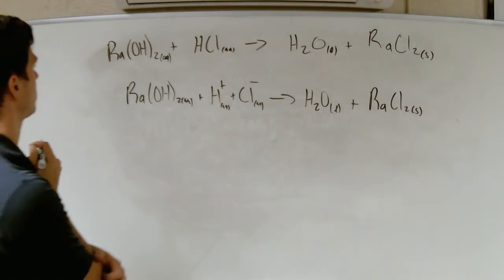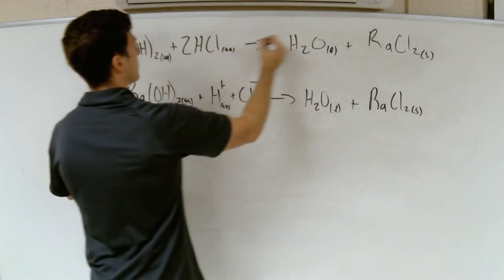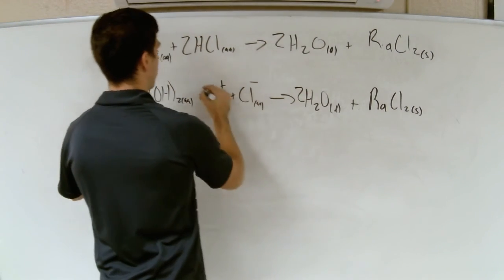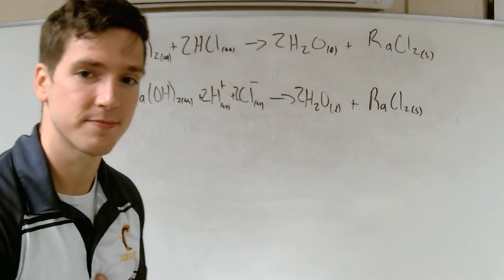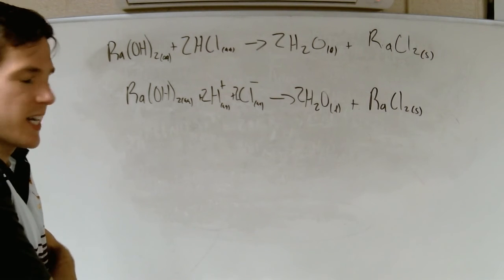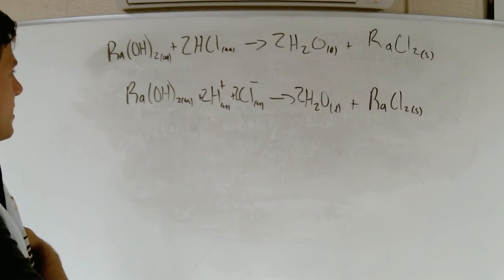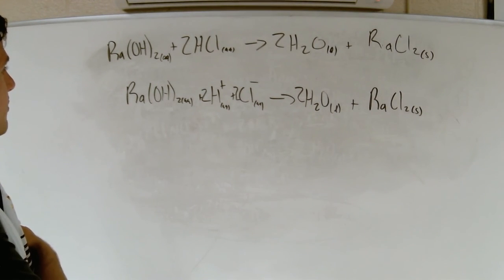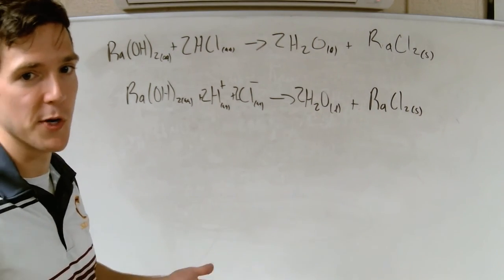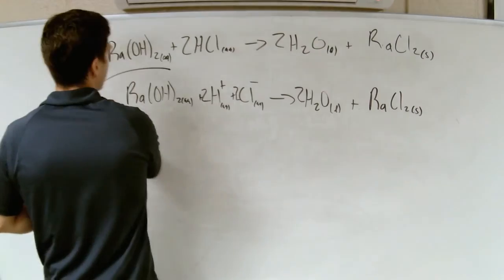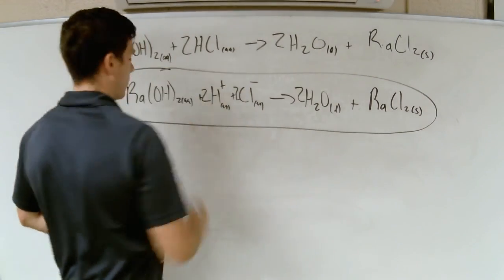It's never too late, right? We got 2 here, put a 2 there, and 2 in front of each of those ions. Sorry, guys. So I look at this and I say, okay, there's definitely a lot we didn't separate, but that hydrochloric acid separated. Is there anything I could cross out here? Nope. So this is my net ionic equation.